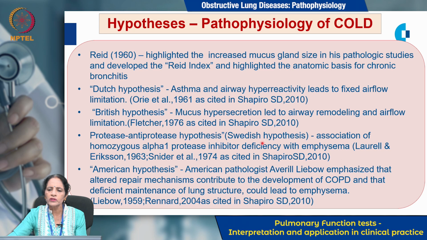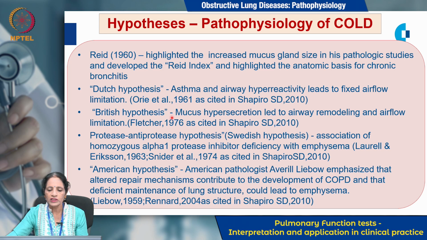Coming to various hypotheses with regard to the pathophysiology of chronic obstructive lung diseases, Reid in 1960 highlighted the increased mucus gland size in his pathologic studies and developed the Reid index and highlighted the anatomic basis for chronic bronchitis. There was the Dutch hypothesis, where bronchial asthma and airway hyperreactivity was thought to lead to fixed airflow limitation.